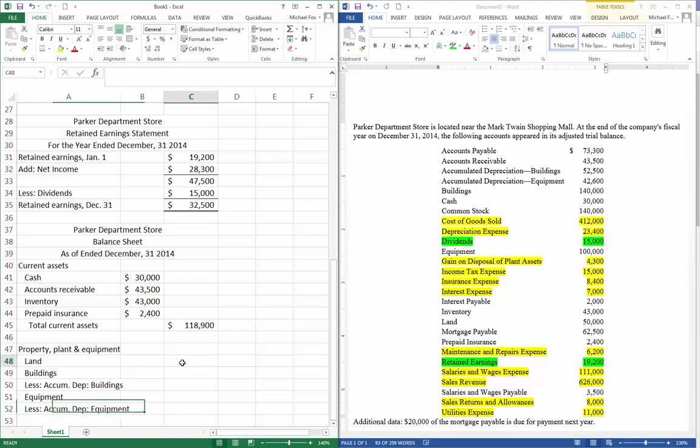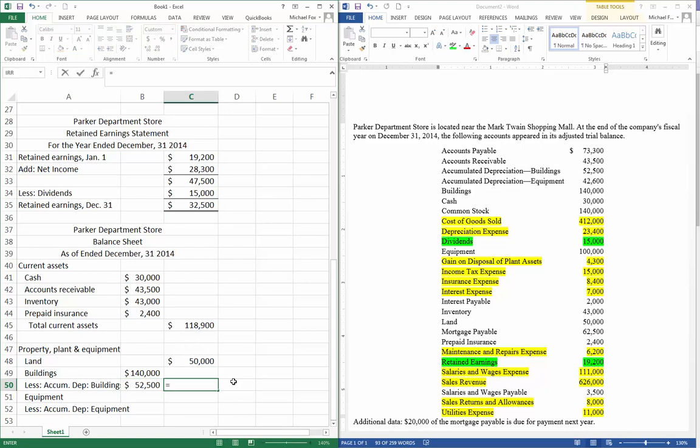So our land is valued at $50,000. Our buildings were at $140,000. Our accumulated depreciation on the building is $52,500.